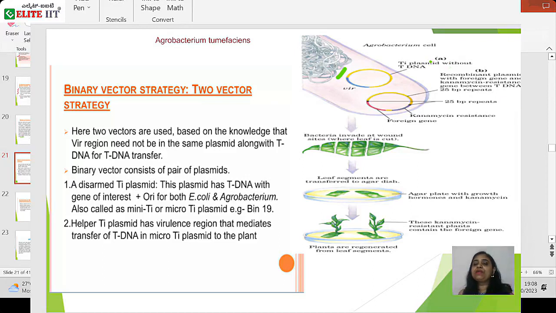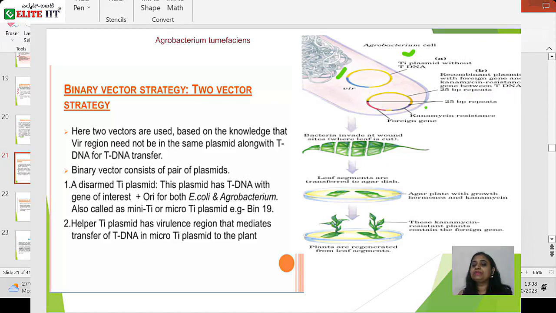So one plasmid is the Ti plasmid without T-DNA, but the V region is present. Now in the second one, a recombinant plasmid, you can make a recombinant plasmid with the foreign gene and kanamycin, that is the antibiotic resistance gene, between the T-DNA and 25 base pair repeats.